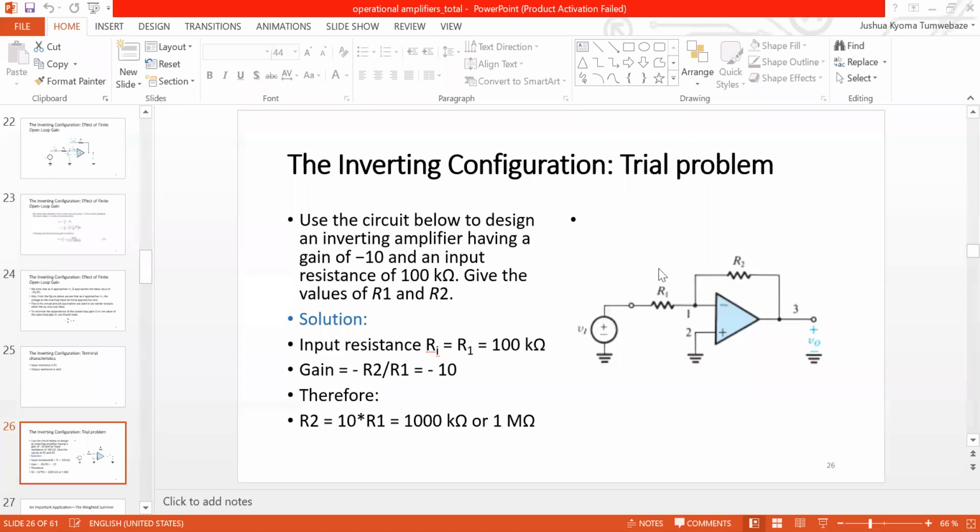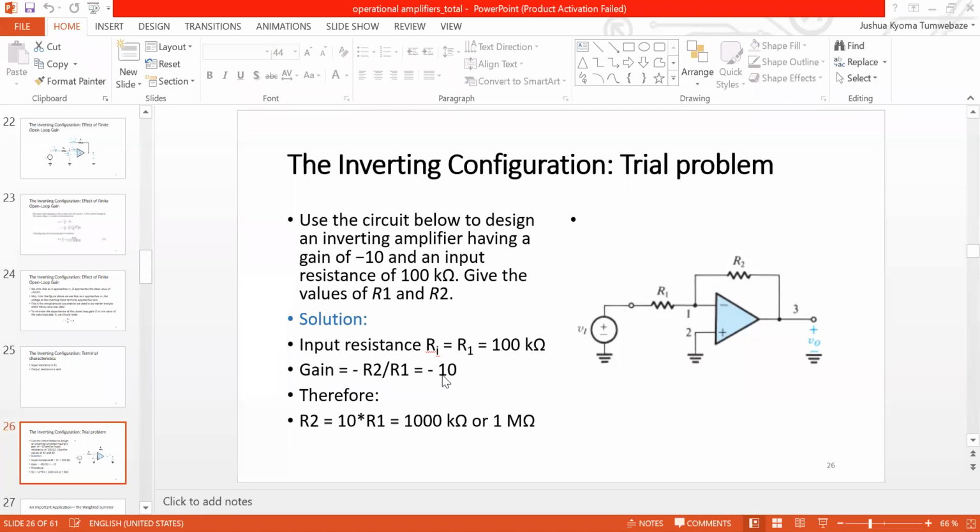We know that the gain of the inverting configuration is -10. Okay. Do note that sometimes we'll quote the magnitude, okay, of the gain, even though it's inverting, we'll give you the magnitude.